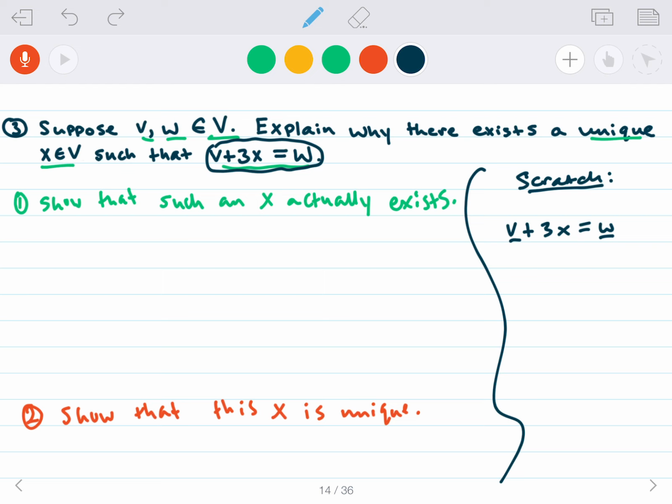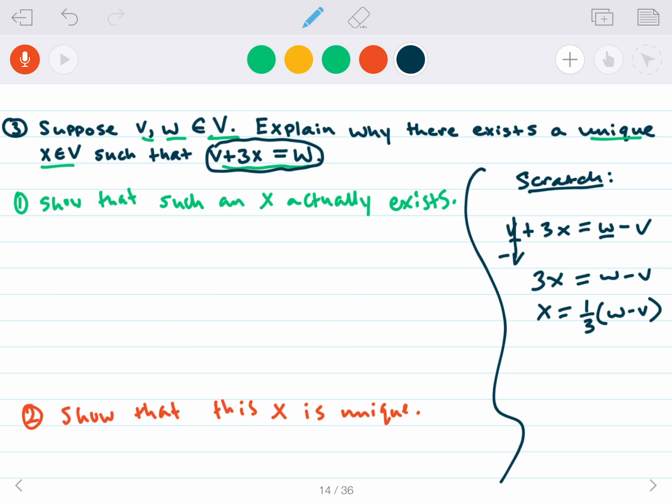So I can subtract V from both sides, or add the additive inverse to both sides if you like thinking of it that way. So we get 3x equals W minus V. Then we can divide both sides by 3. So x is equal to 1/3 times W minus V, which is the same thing as dividing the whole thing by 3.